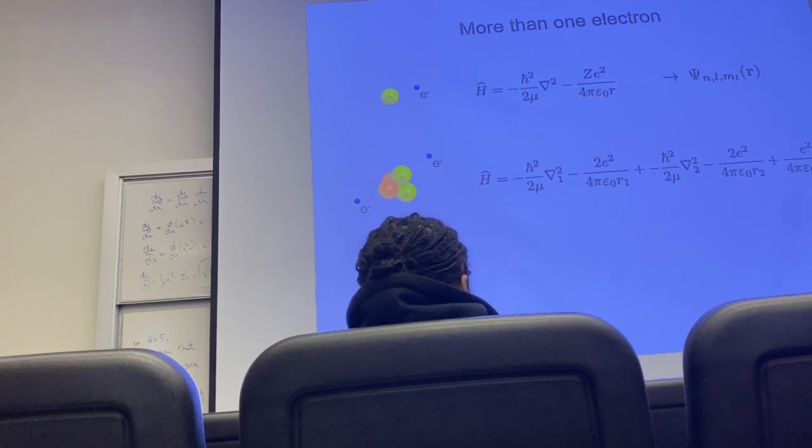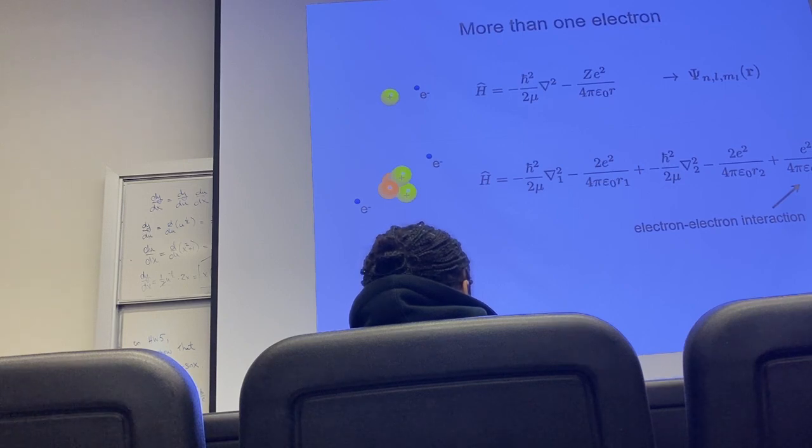I'm going to start all the way on the right. This is the interaction energy between the 2 electrons. These 2 electrons have the same charge and they will repel one another. This is the repulsion potential energy between the 2 electrons. What are the other terms? Well, this one is basically the Hamiltonian as if you were in a hydrogen atom for one of the electrons.